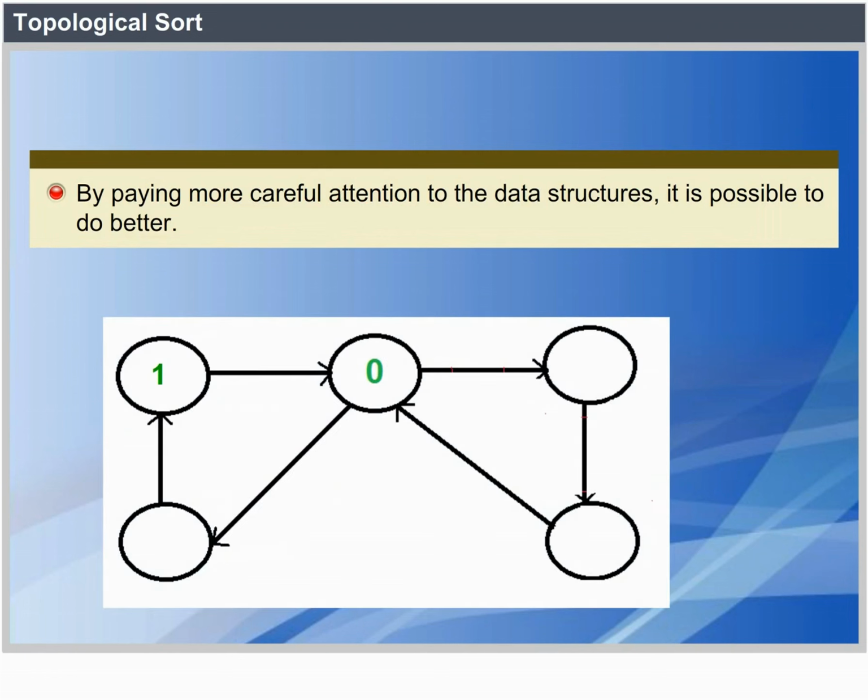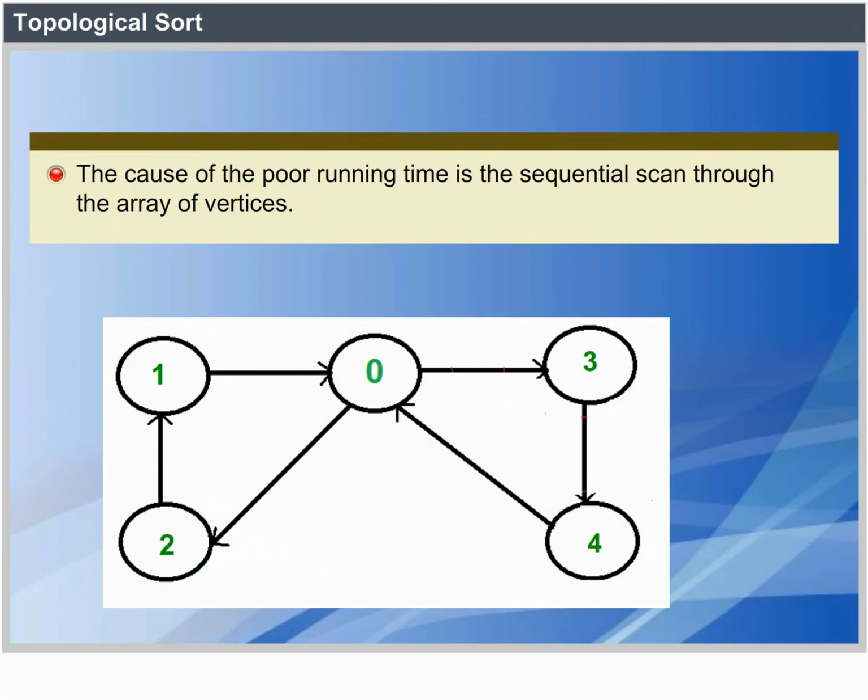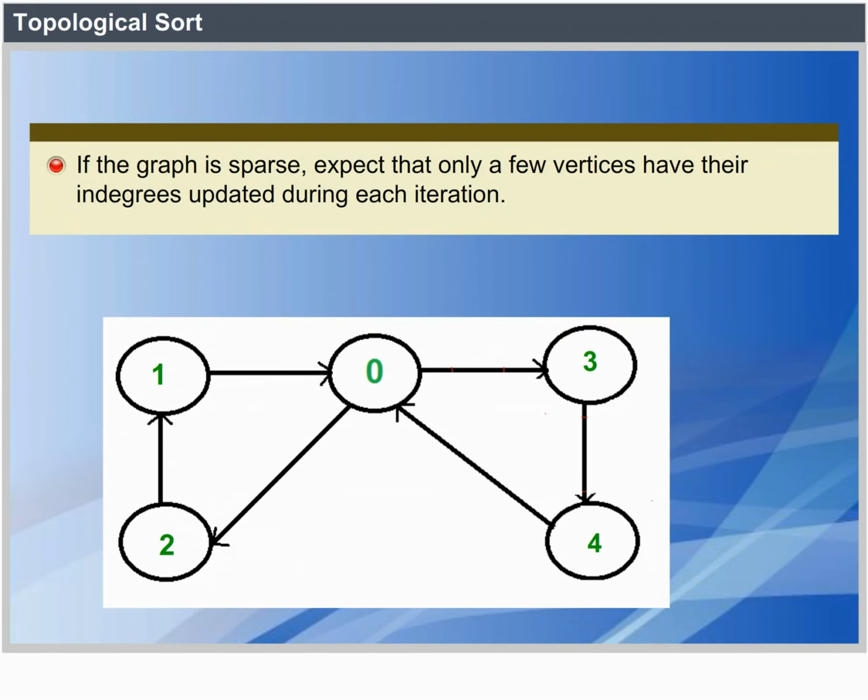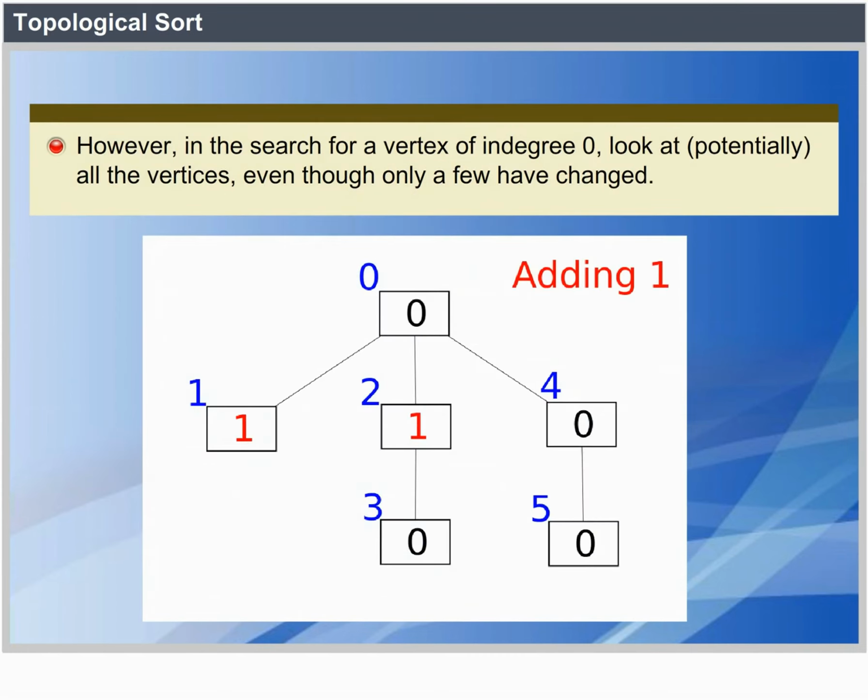The cause of the poor running time is the sequential scan through the array of vertices. If the graph is sparse, expect that only a few vertices have their in-degrees updated during each iteration. However, in the search for a vertex of in-degree 0, we look at potentially all the vertices even though only a few have changed.